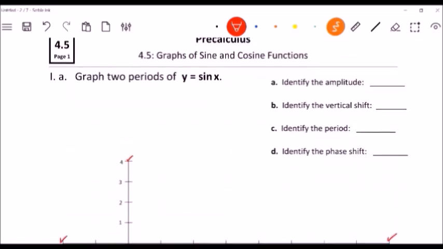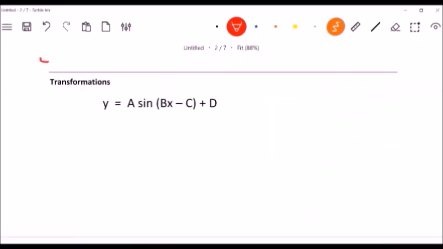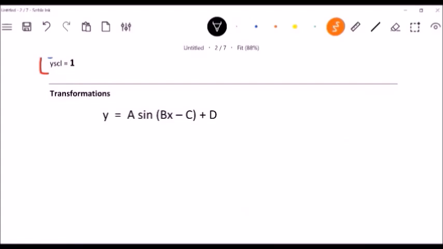And we're going to be looking for these things: amplitude, vertical shift, period, phase shift. For those things, we use the placement on the equation. The main parent function for these is y equals sine of x. But we're going to essentially complicate it by moving it around from that.